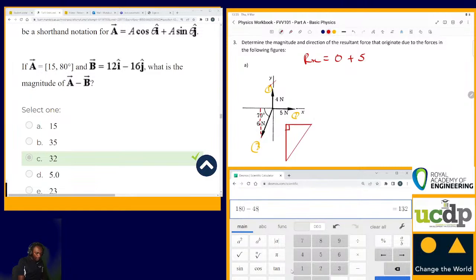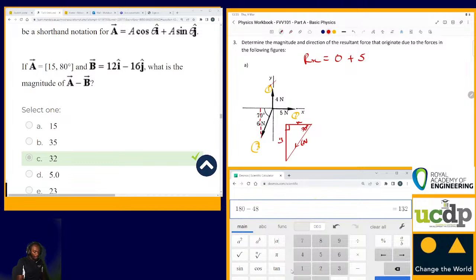We have our right angle there, we have our angle of 70 there, we have a magnitude of 6 newtons there, and this is our x and this is our y.